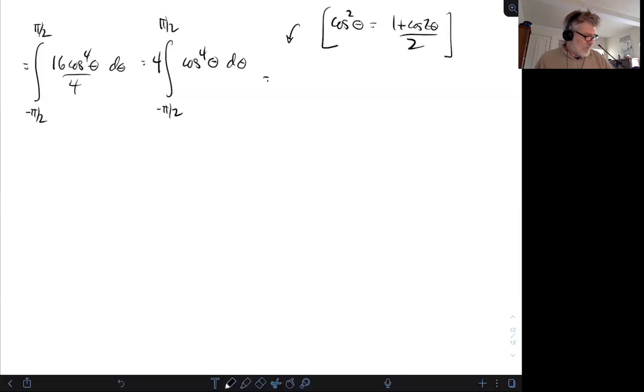So what I'm going to get here is 4 times the integral from minus pi over 2 to pi over 2 of (1 plus cos 2 theta over 2) squared. Right? Cos to the power of 4 is the same as cos squared, all squared.